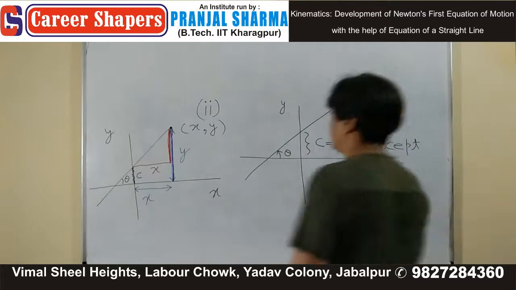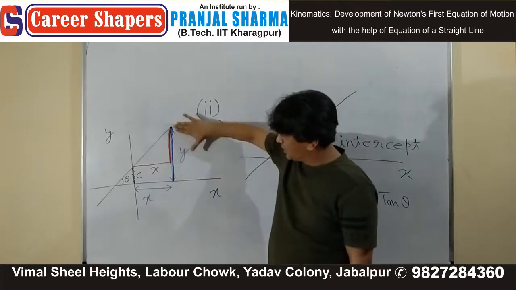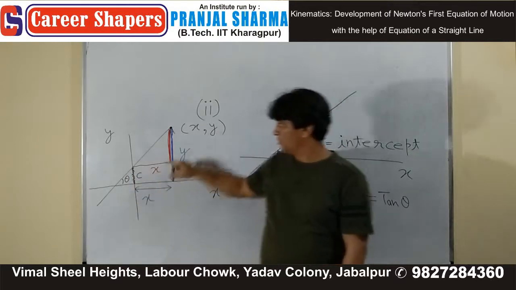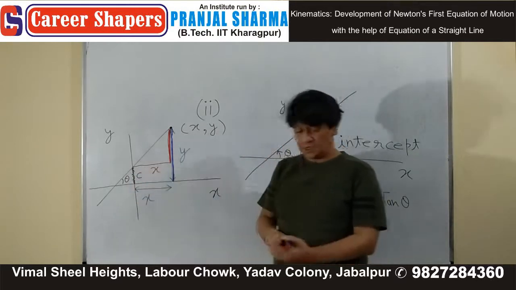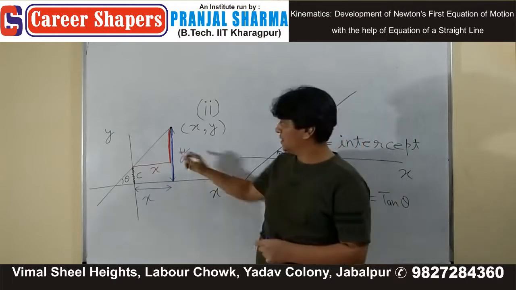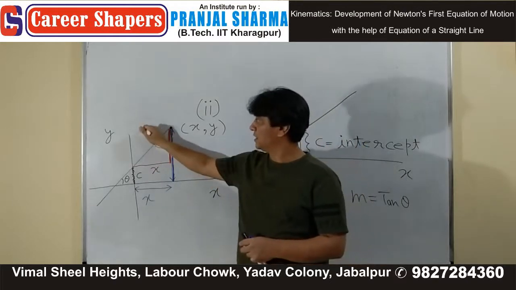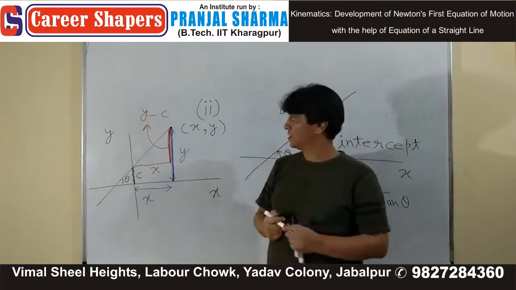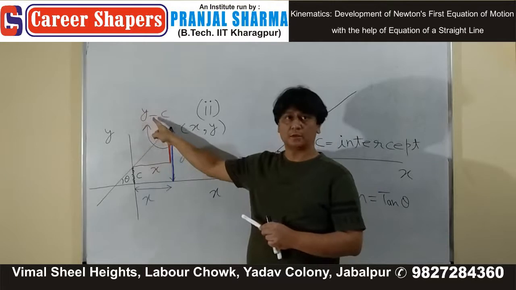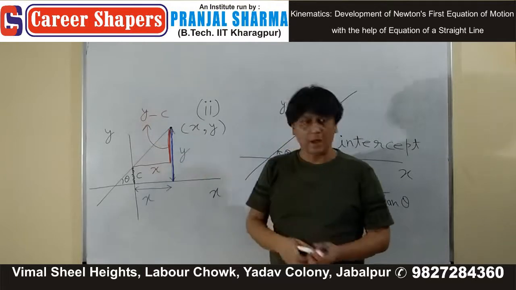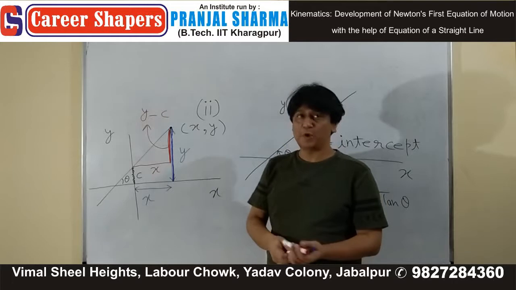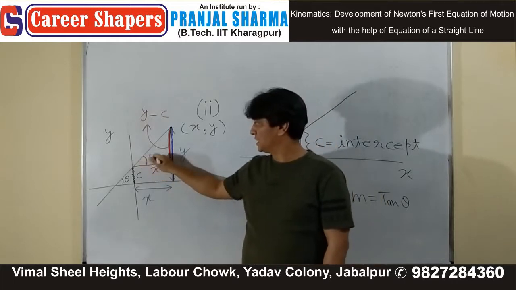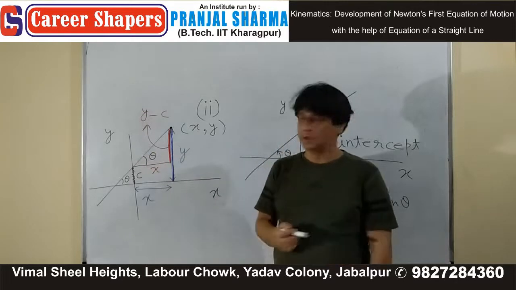Good. This is y. But look at the intercept C. This is y, this is C. The length in red is y minus C. And everyone can see this is still theta.